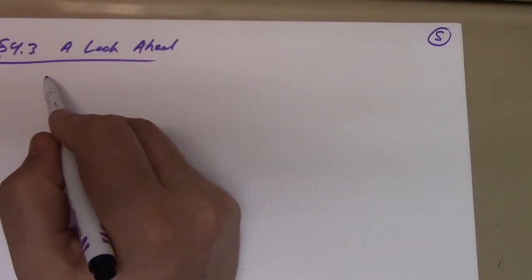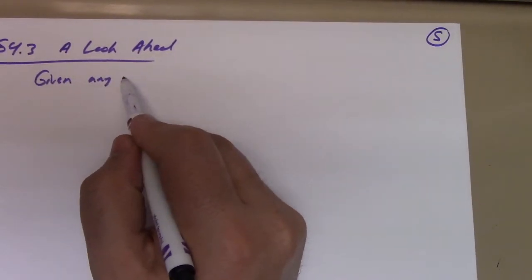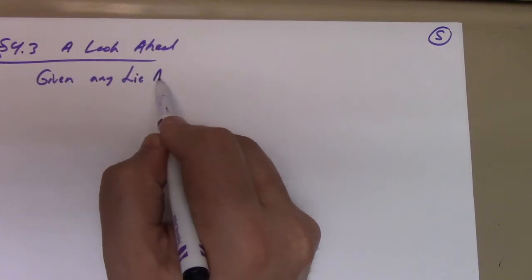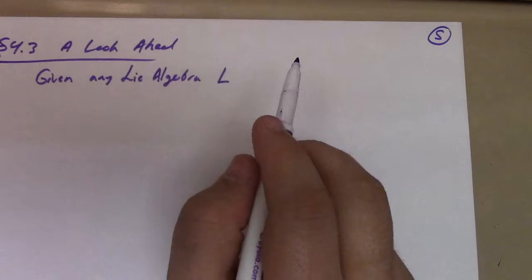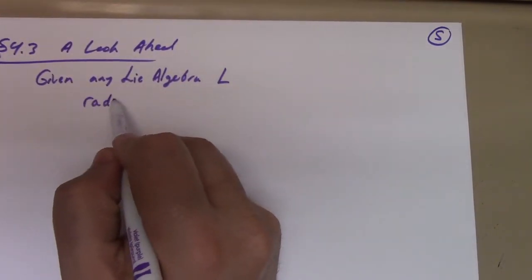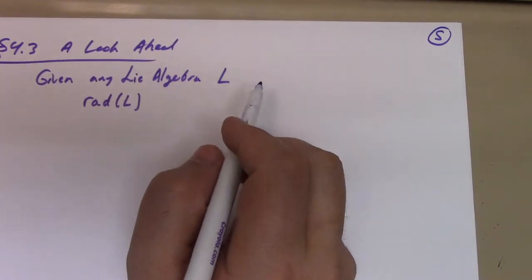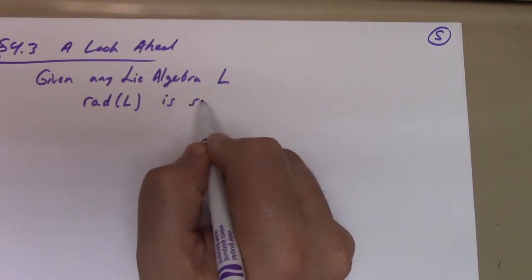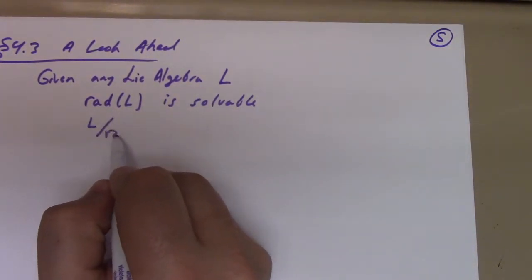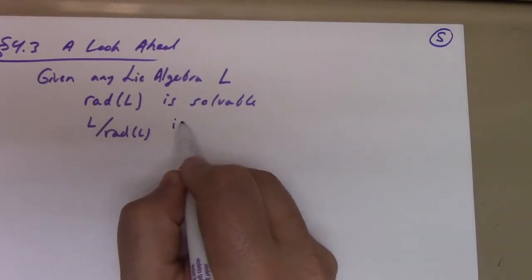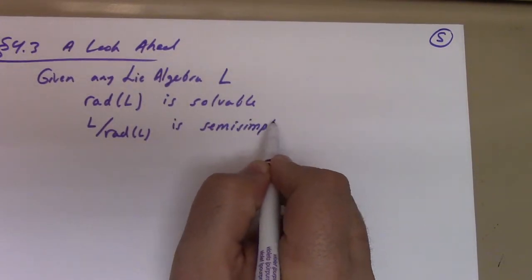So, given any Lie algebra L, finite dimensional, we have the radical of L is solvable, and we have that L mod the radical of L is semi-simple.